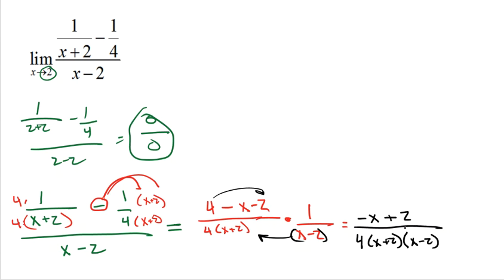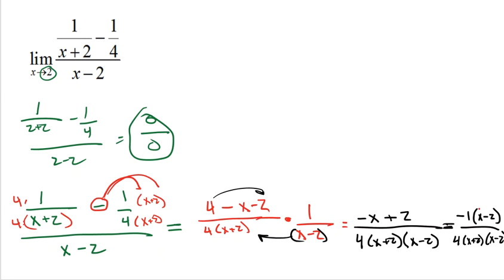All right, now I don't see anything that cancels. But, yes, there is. There's this little trick to this problem. On top, you could factor out a negative 1. If you factor out a negative 1, you're left with x minus 2 divided by 4 times x plus 2 times x minus 2. I'm so sorry, I'm scrambling my work in here. But all I did was factor out a negative 1, and that turned the top into negative 1 times x minus 2.